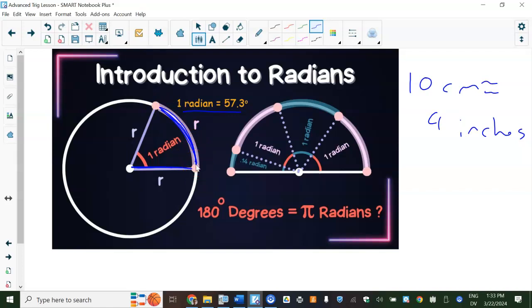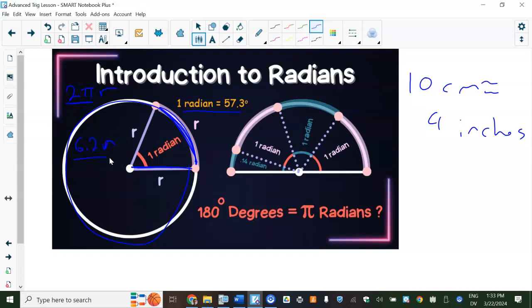If you go all the way around the circle, that would be the circumference, which is 2 pi r, which basically means there are about 6 radians all the way around the circle. 2 pi is about 6.2, so all the way around the circle is about 6.2 radiuses.